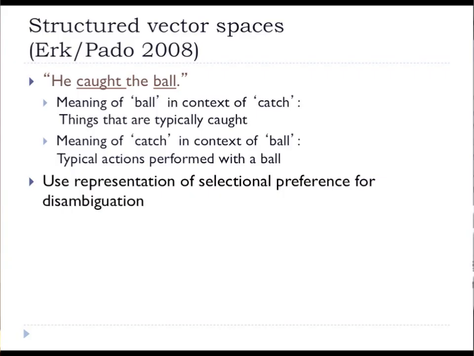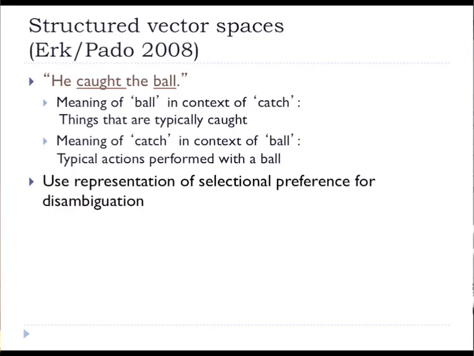If we look at the example of he caught the ball, what we did there was to say we want to compute the meaning of ball in the context of catch. So it's not the social event, it's the sphere sense of ball. And at the same time we want to compute the meaning of catch in the context of ball. So it's not contract as in catch the flu, it's more like grab.